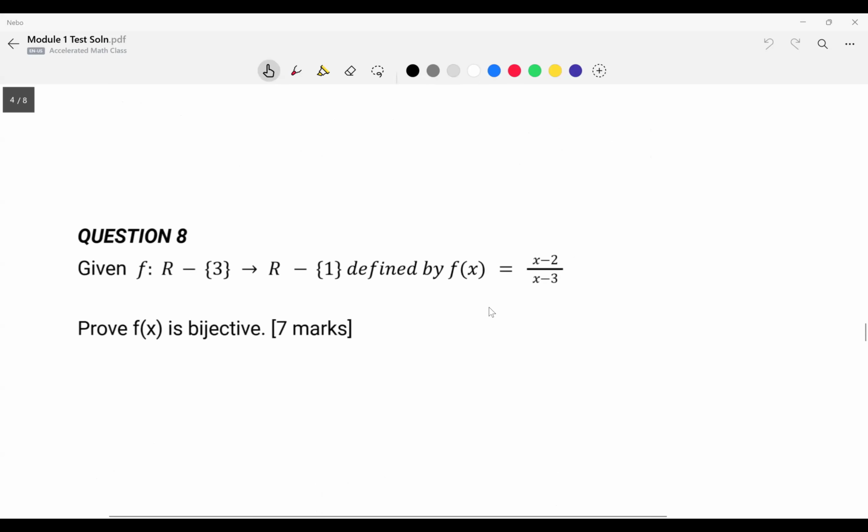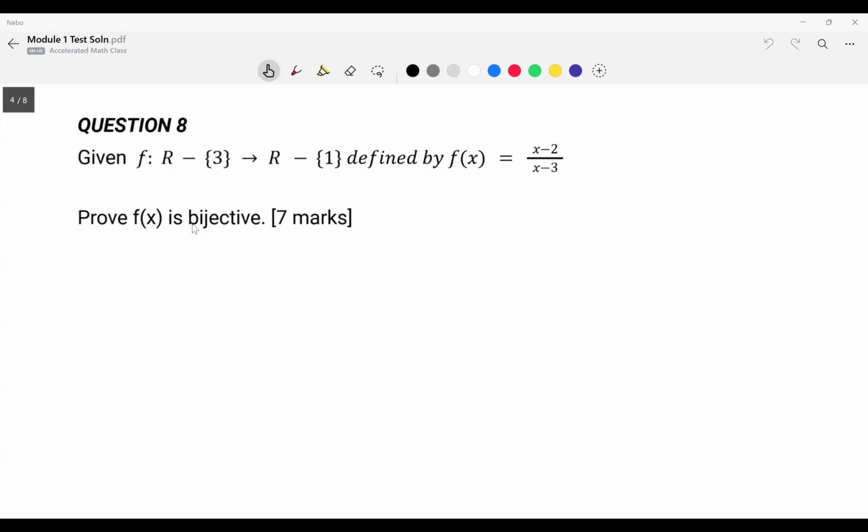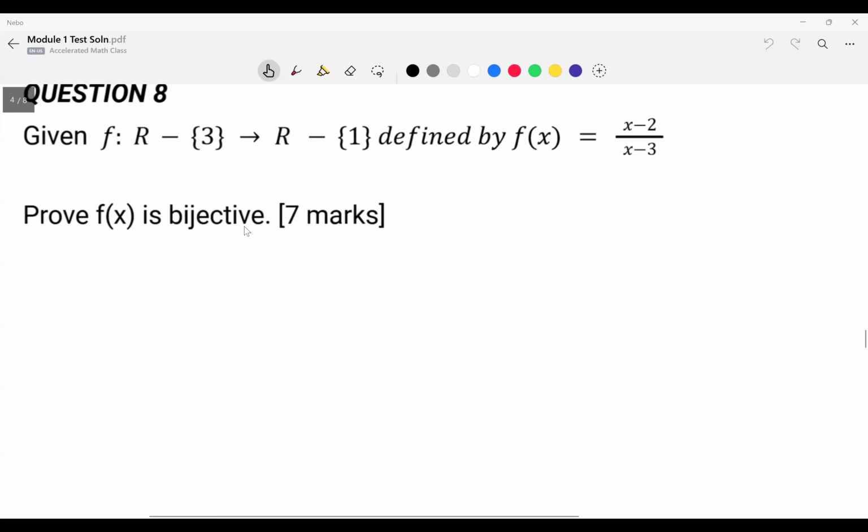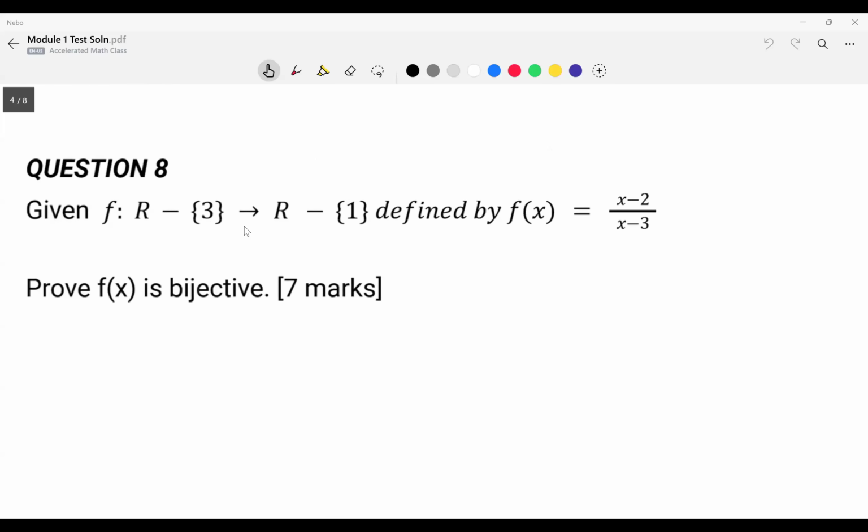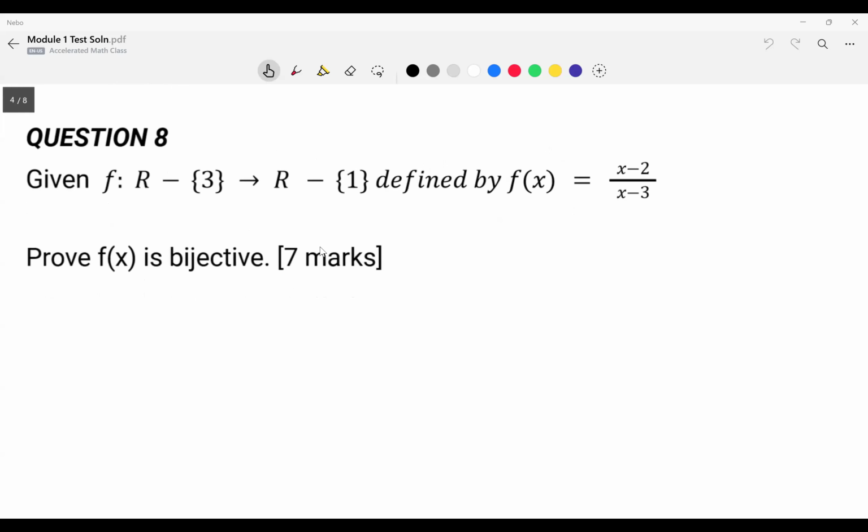I want to take a look at this question 8, where it asks about bijective. I want to take a look back, which is when you have a domain and the codomain. In this case, we are asked to prove bijective.